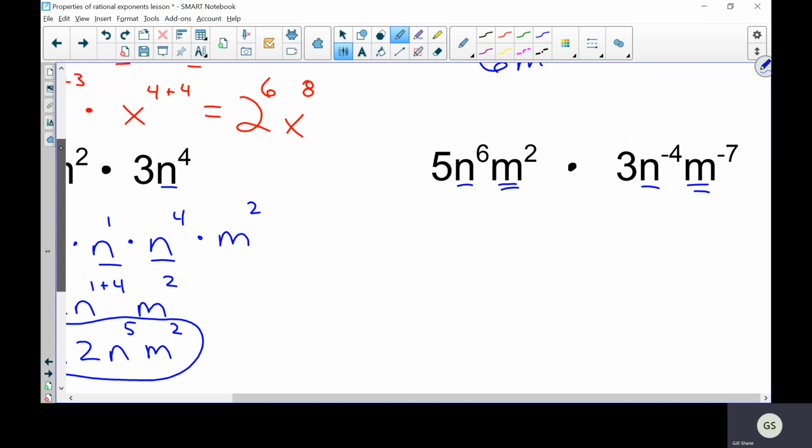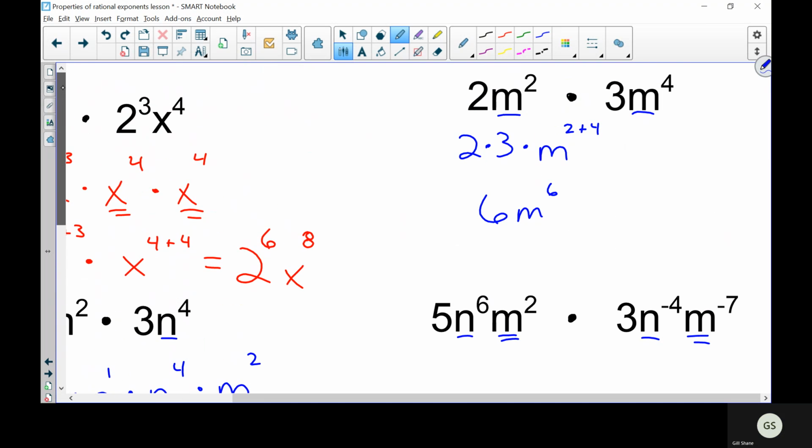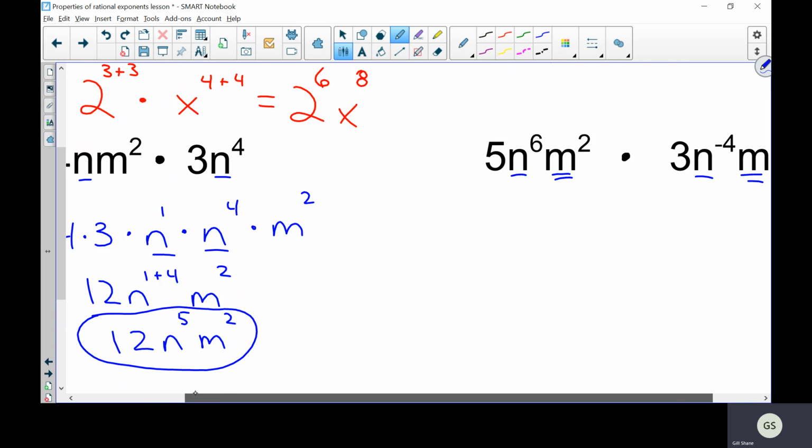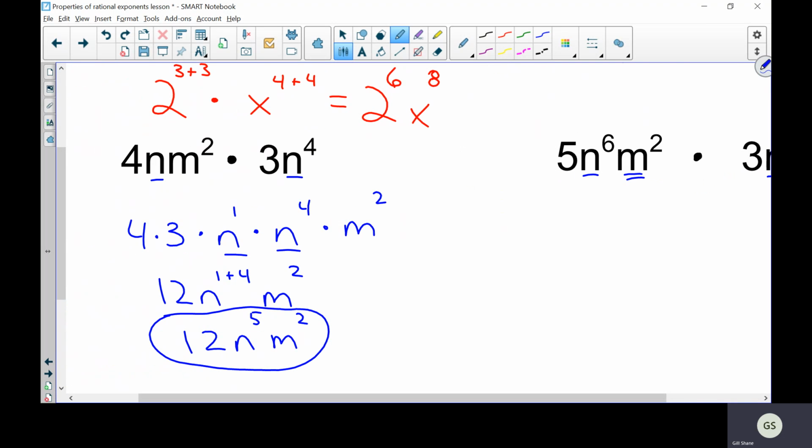Oh, you know what? I meant to do something. So really quickly, I forgot to mention this. This 2 only applies to the M. Does not apply to that N or to the 4. So remember, if there's no parentheses, then the exponent only applies to whatever base is next to it.